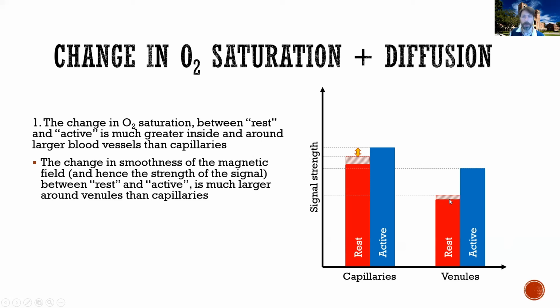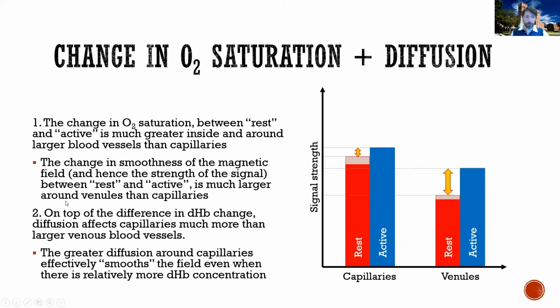It's only a small increase in the strength of the signal around venules. So this means that there still is a very large delta between when the participant is at rest and not engaged in any overt task, and when the participant suddenly engages in a mental activity and neurons get excited and burst with activity.